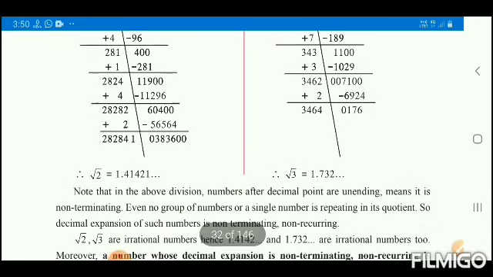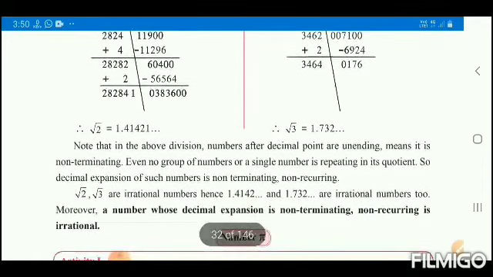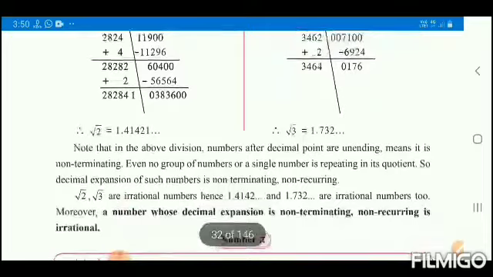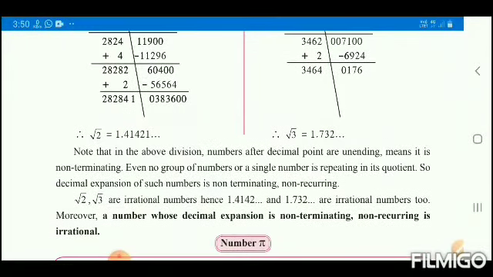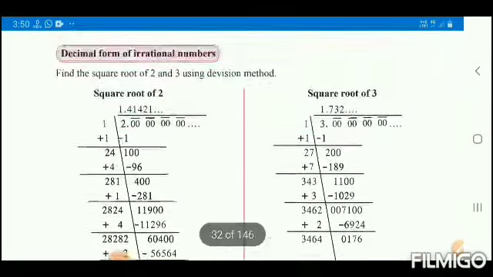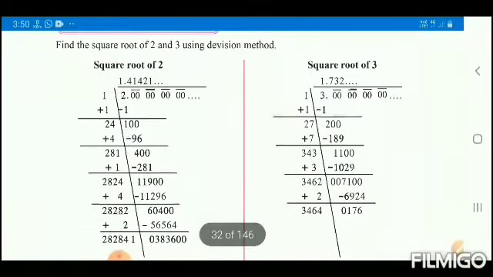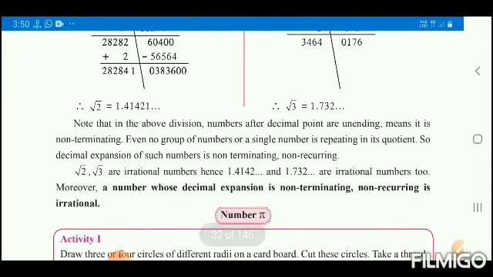So here if you see, root 2's value is 1.41421 and so on. Means this number is non-terminating and non-recurring. Same way root 3's value also is 1.732 and so on. Note that in the above division, numbers after the decimal point are unending, means it is non-terminating.